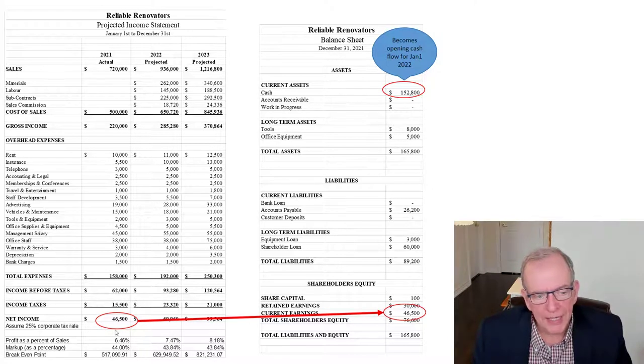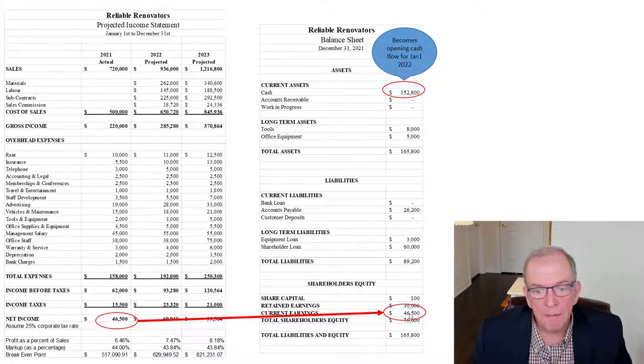There's also a connection point that takes place between the various statements, including the cash flow statement. So if we look at 2021, this is January 1st to December 31st, over a period of time. At the end of December 31st, our net income for the year over that period was $46,500.